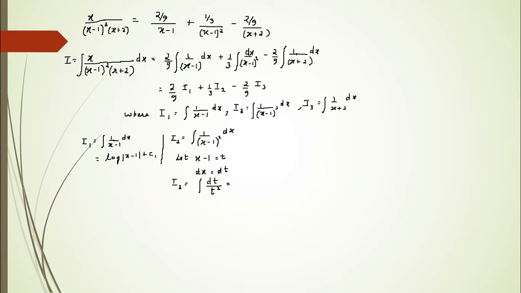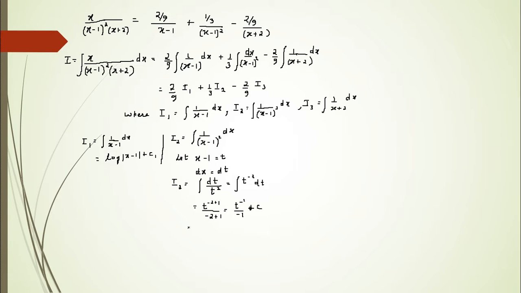This is equal to integral t to the power of minus 2 dt, and this is equal to t to the power of minus 2 plus 1 divided by minus 2 plus 1, that is t to the power of minus 1 by minus 1, plus c.